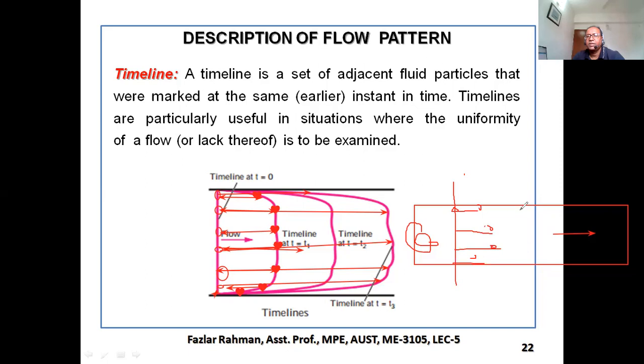But if they travel almost the same distance in the same amount of time, you can say your flow is uniform. So this region's flow is uniform, but this region's flow is not uniform. So you can figure out where the flow is uniform and where it is non-uniform. Okay.